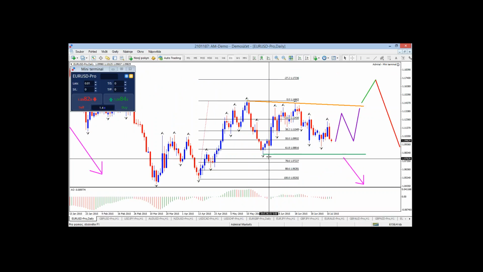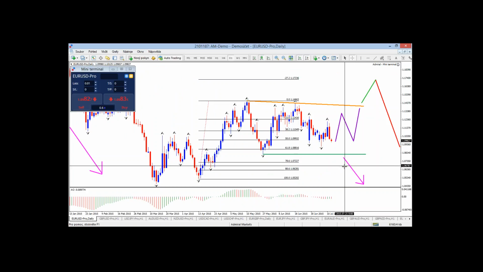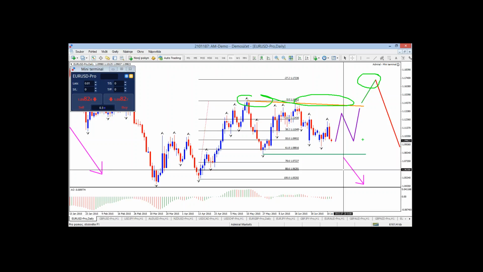If price does break through 108.19 here, I think that means there's invalidation of my analysis, and that the wave 4 will not end up anymore at 117, but the wave 4 probably ended up here, and that this could be the downside trend continuation.